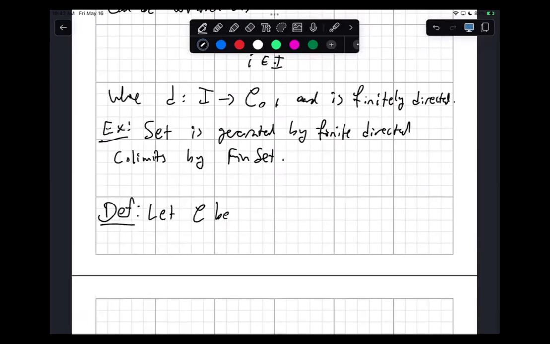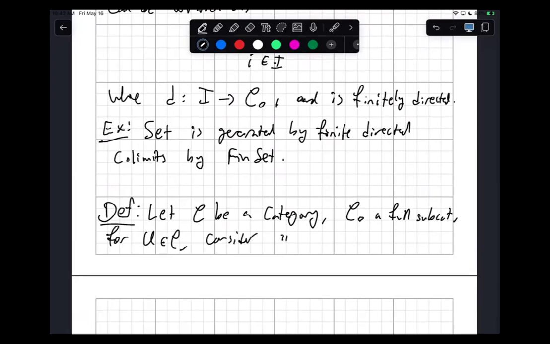Let C be a category, C0 a full subcategory. For U in C, consider this functor.